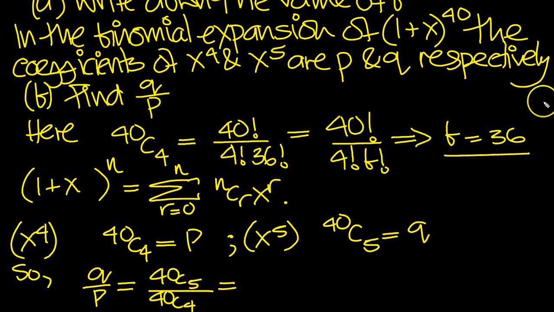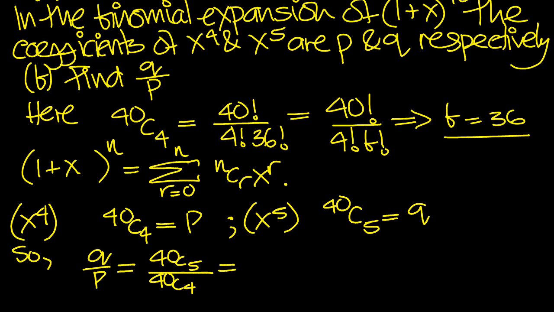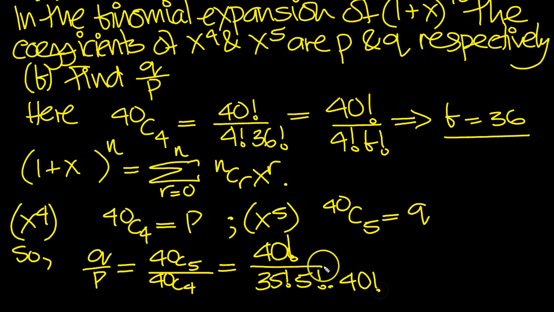Let's work that out then. Give ourselves a little bit more room now. So it's 40 factorial, and the C5 will be 35 factorial underneath times 5 factorial, and this will be 40 factorial over, and the thing that's underneath the bottom part swings up to the top, doesn't it?